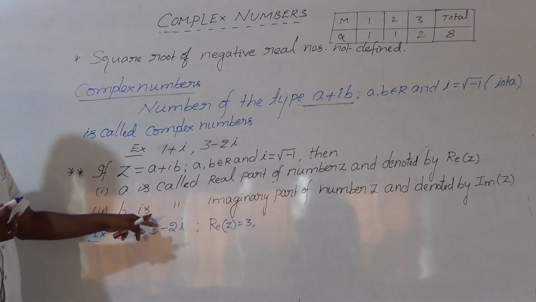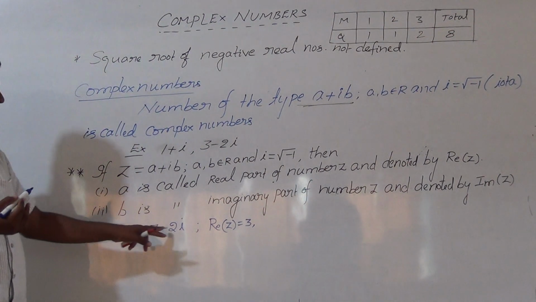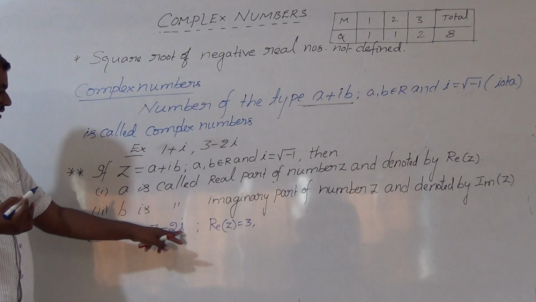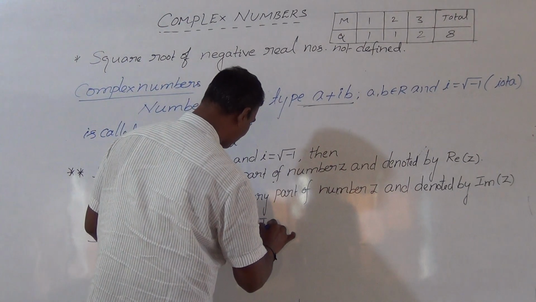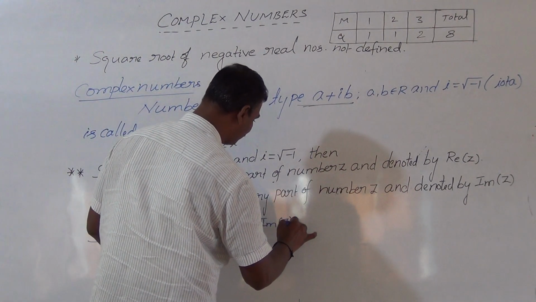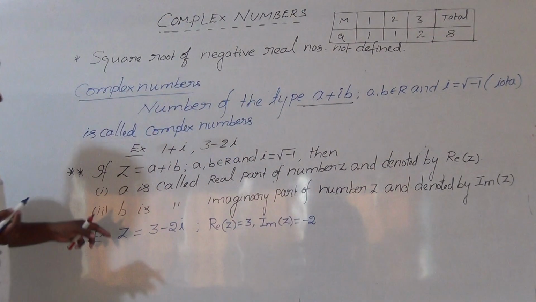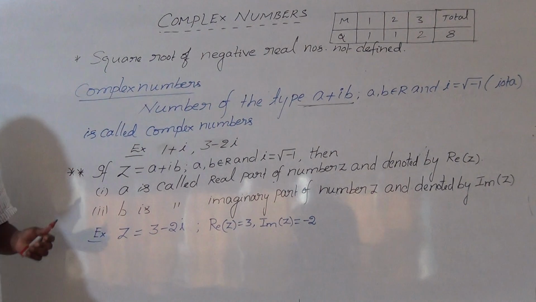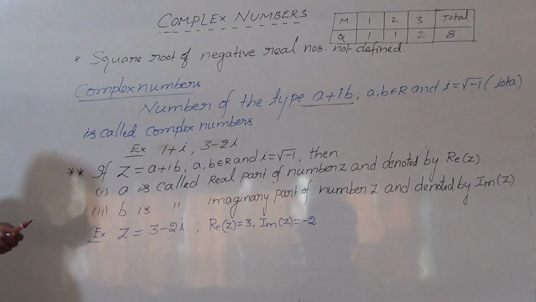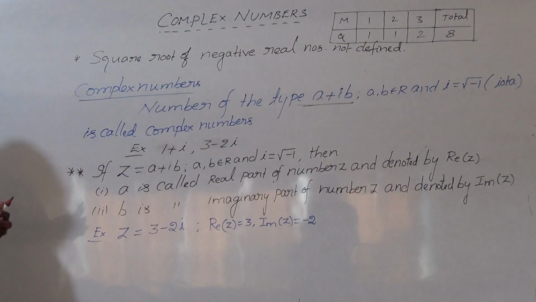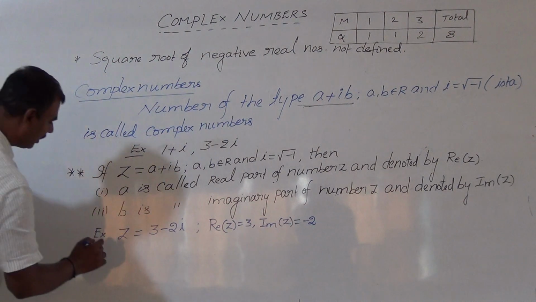Here the coefficient of i is minus 2, and that is called the imaginary part of z. So we take only minus 2, we do not take i also. i is only a symbol, remember all of you, that is square root of minus 1.